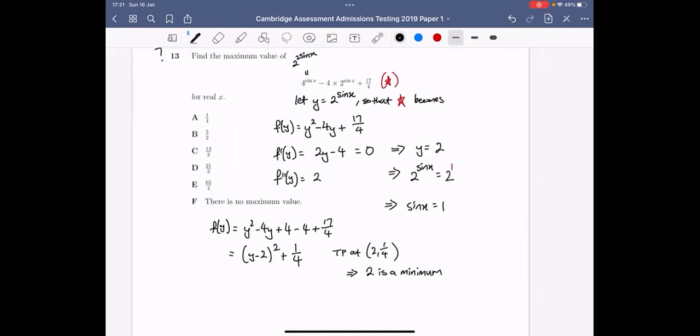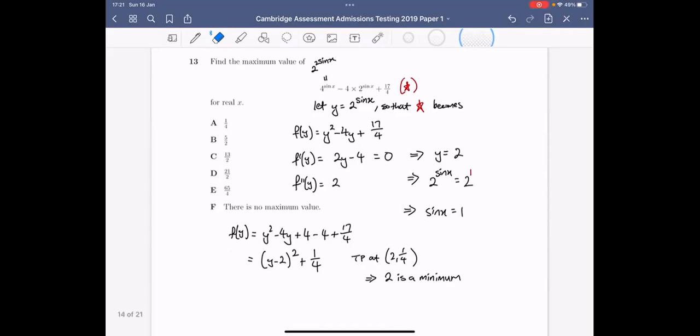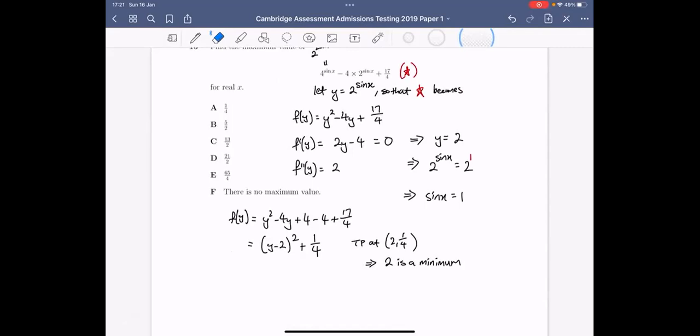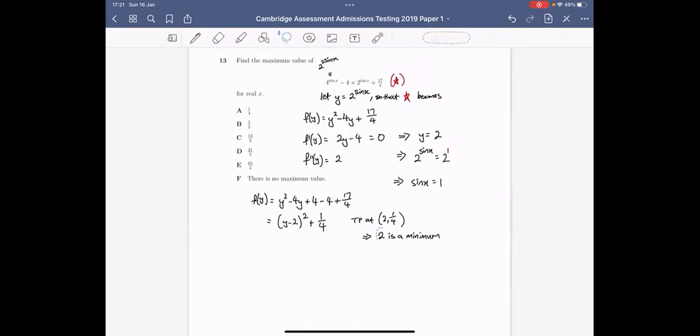Here, the question mark. I guess, so y equals 2 is a minimum.